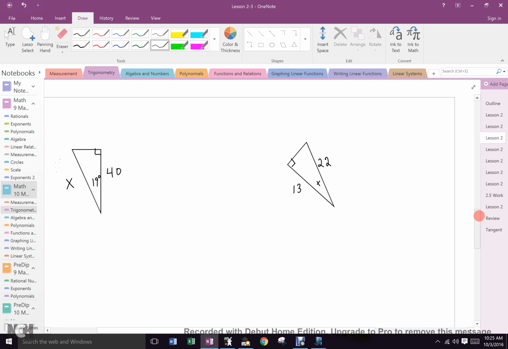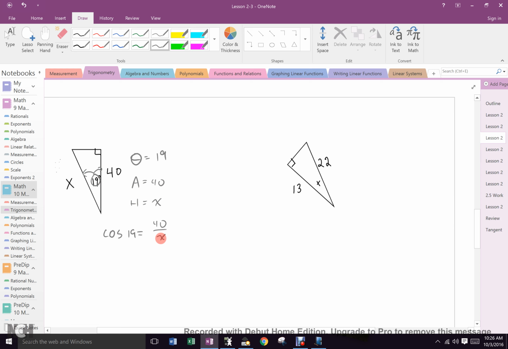You guys should have 3 of them on the same page. I had to go to a second page. So let's do this one. Do I have a theta? What is it? 19. That means I'm starting there. What else do I have? I have that and that. So I have an adjacent of 40 and a hypotenuse of x. What uses A and H? Cosine. So cos of 19 equals 40 over x.